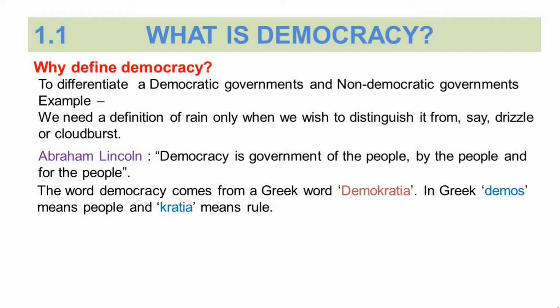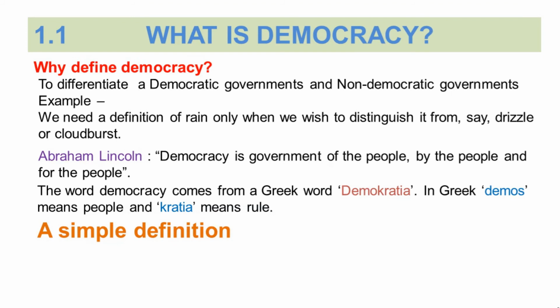Words remain the same, but their meaning can change with time. In that case, it is not very useful to look at the origins of a word. So basically, to define the word democracy, we have to think about its meaning and evolve a definition.